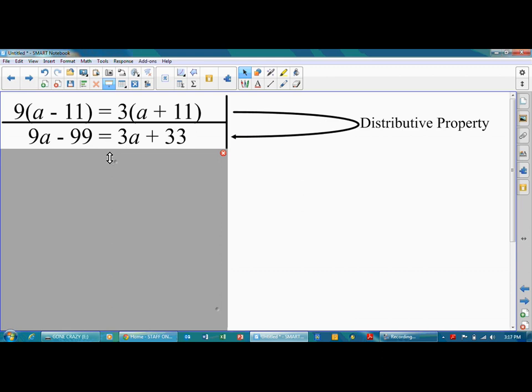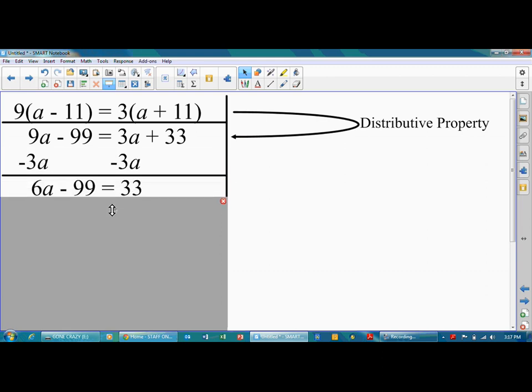Then, again, we bring all our variables to one side and our constants to the other. In this case, I subtracted 3a from each side and got 6a minus 99 equals 33. Well, this time, since I subtracted, the property I used was the subtraction property of equality.